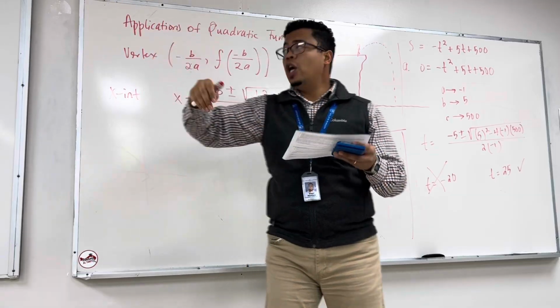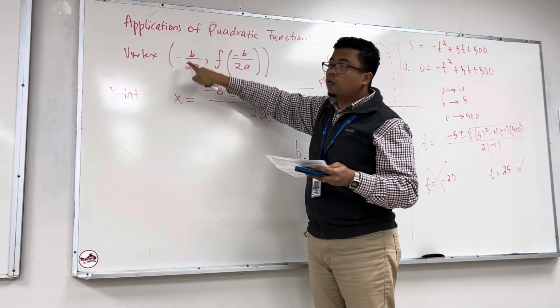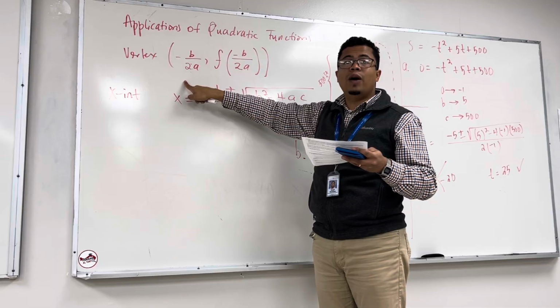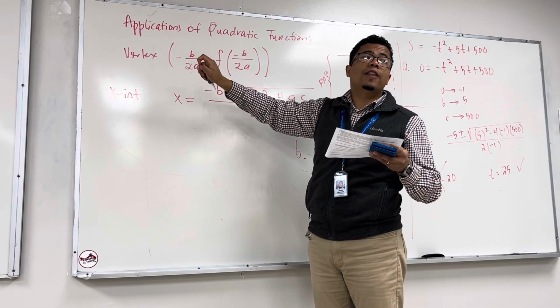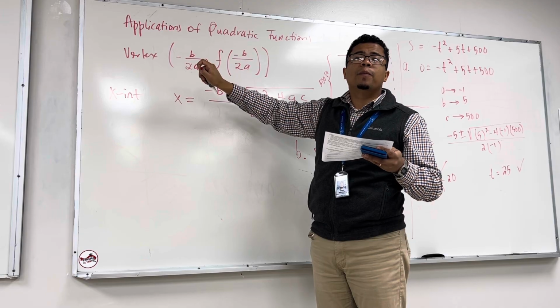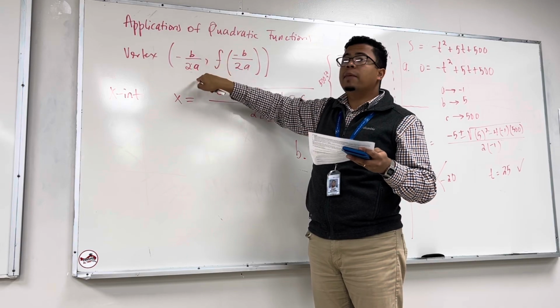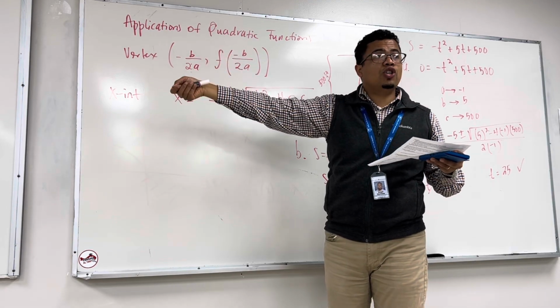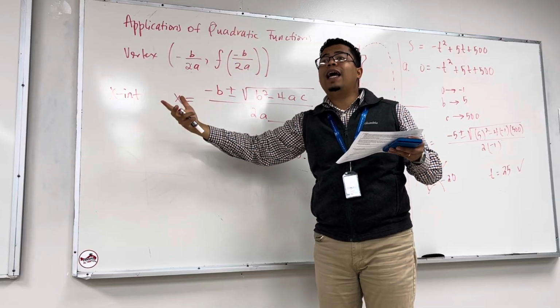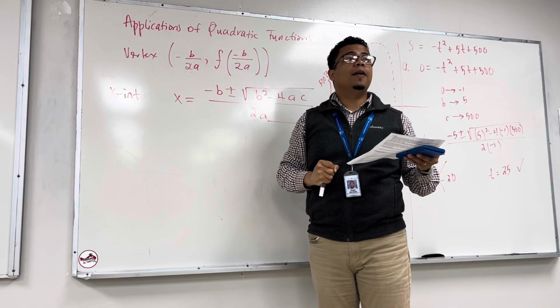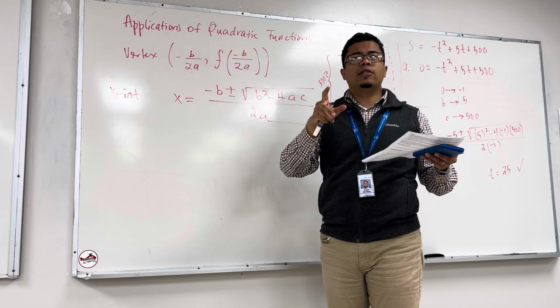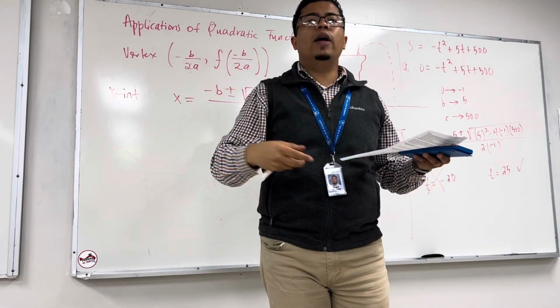In other words, we would use this little formula, minus b over 2a, to get that time. Once we have that time, what do we do with it? You plug it into the function, and then what you get afterwards is the maximum height. How do you feel about doing it by yourself? Okay, go ahead and do it.